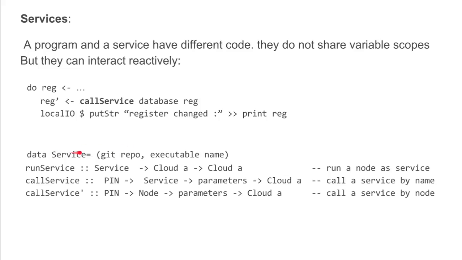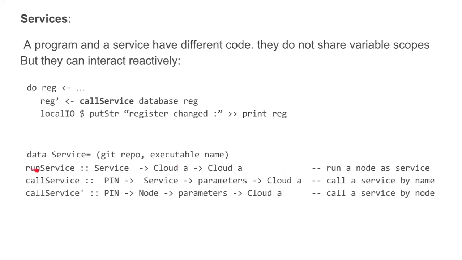A service is defined by a repository and an executable, a name of the executable. So we identify really a program on the internet. Run service initiates the service. Sorry, it gets the code of a service and makes it available to other nodes.